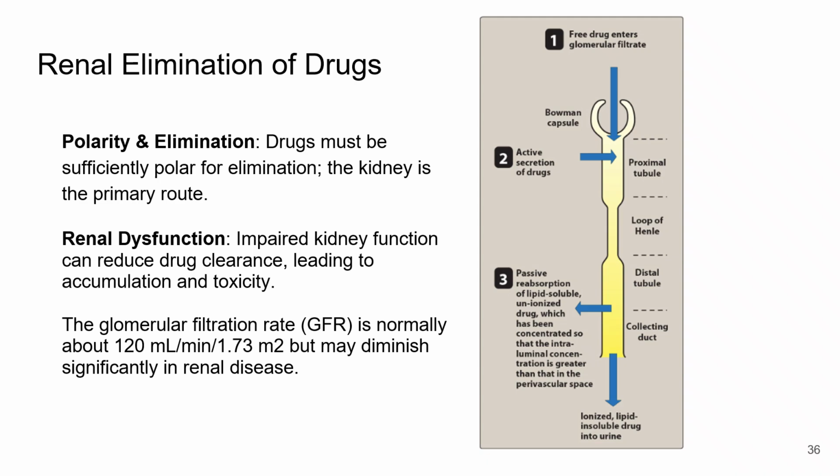So clinically, this is why kidney function is a critical consideration when you're talking about how safe it is to prescribe a medication. Changes in GFR are directly going to affect how long a drug stays in the body. So renal elimination depends on polarity and kidney function, and impaired renal clearance increases the risk of drug accumulation and adverse effects.